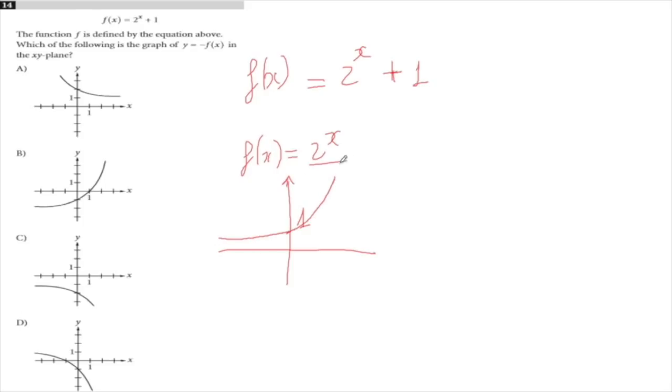The graph of this function always passes through the point 0 and 1, because when x equals 0, 2 to the power of 0 means 1. It always passes through here. And then we add 1 more, it means we have to move up all points of the original equation. So 1 up by 1 unit is 2. So you have the 2 here.